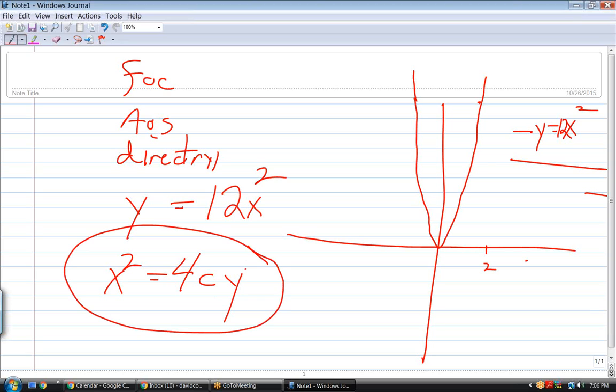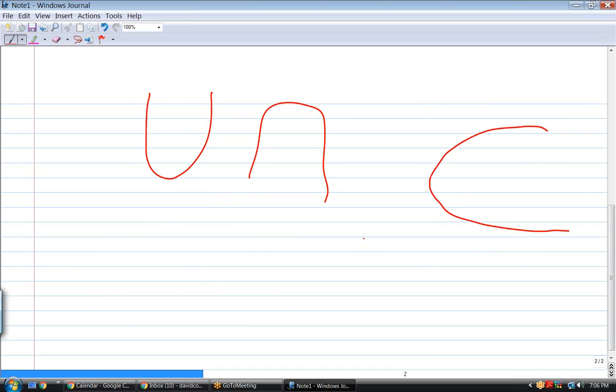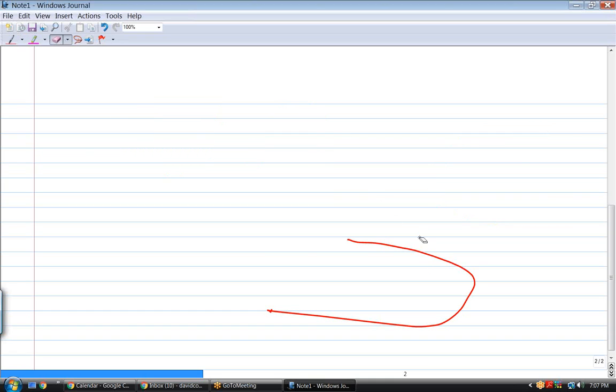And that matters in the sense that it's going to be a vertical parabola. Parabolas come in multiple flavors. They come in vertical, upside down vertical, sideways, and sideways backwards. When you're talking about conic sections, we have to consider all of those parabolas.